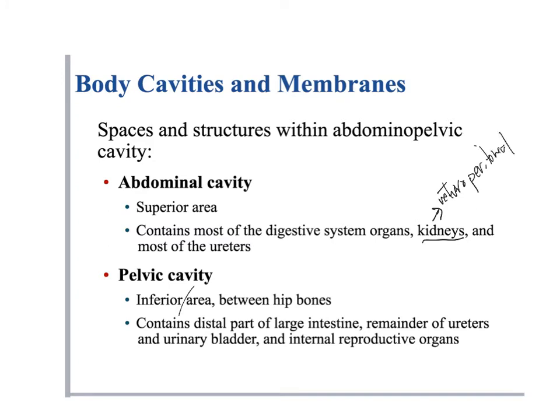What that means is that they are outside of the cavity. Your kidneys don't move around. They're in the back here, tucked up under the ribs. They don't move around, so they don't need to be covered by the serous membranes. Instead, they have a fibrous capsule that protects them and a little layer of fat that keeps them where they need to be.